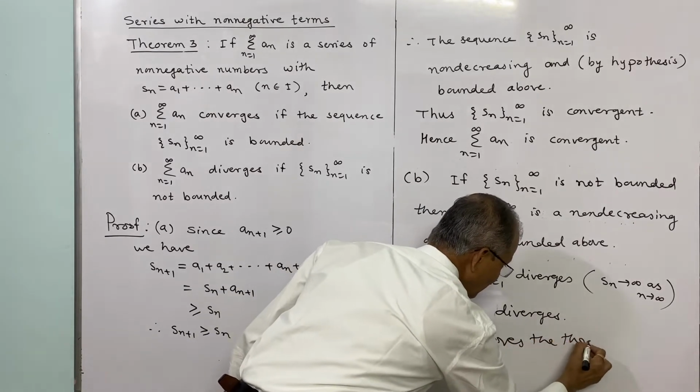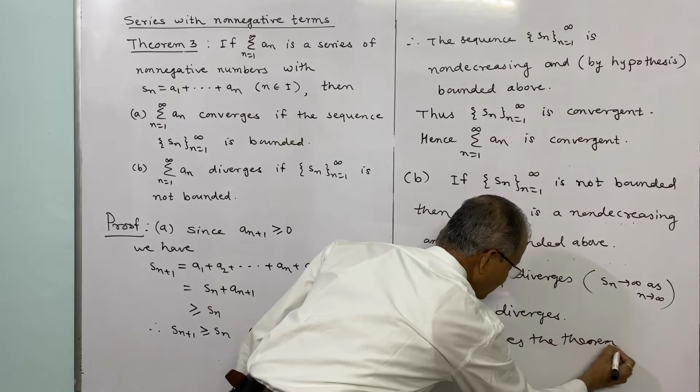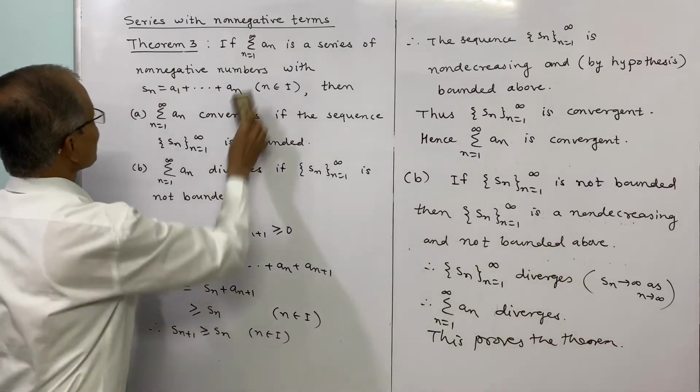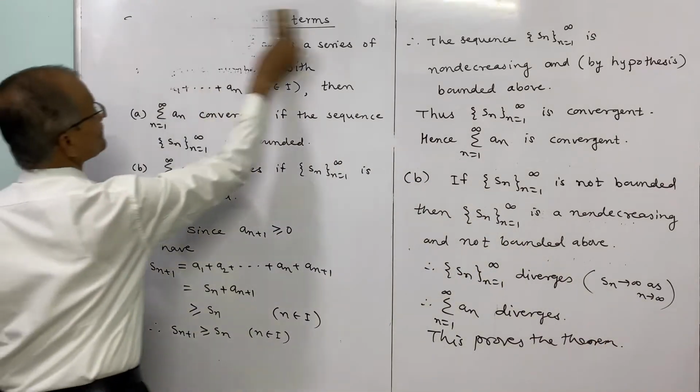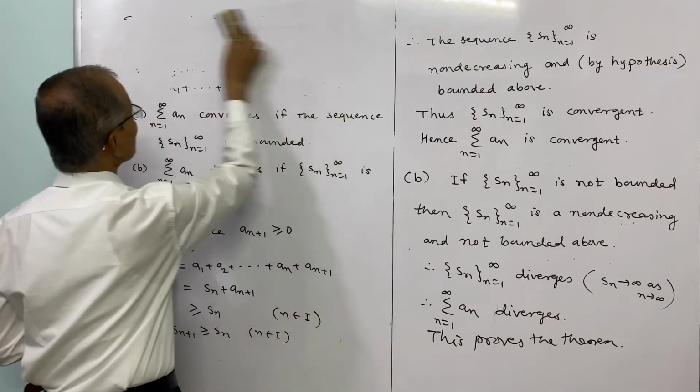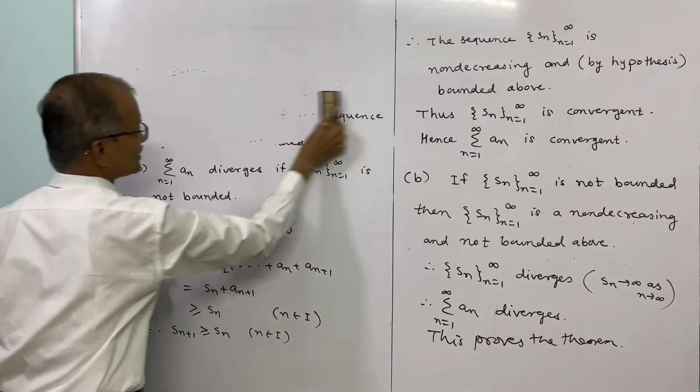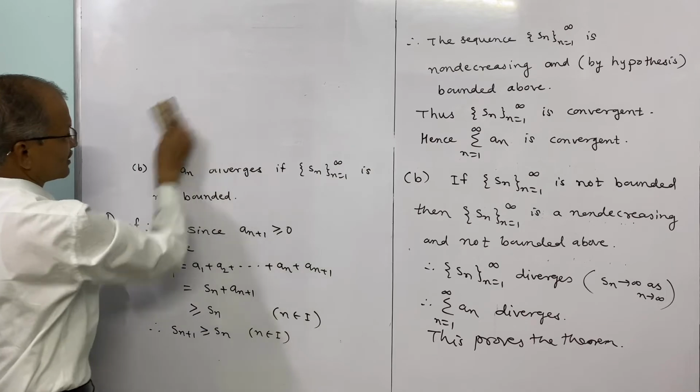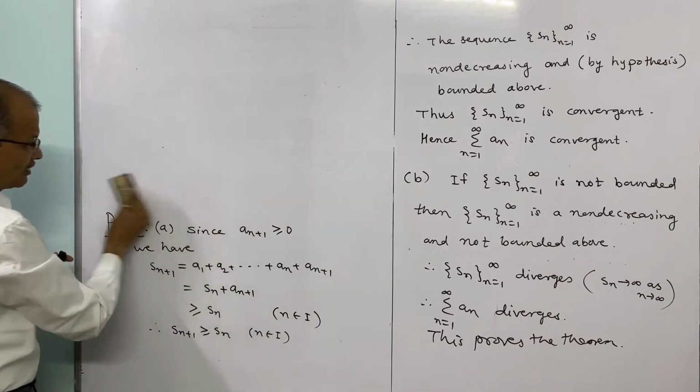Now we shall consider the next type of series, and that is a geometric series. First we write as a note what type of series is known as a geometric series and how it is denoted.